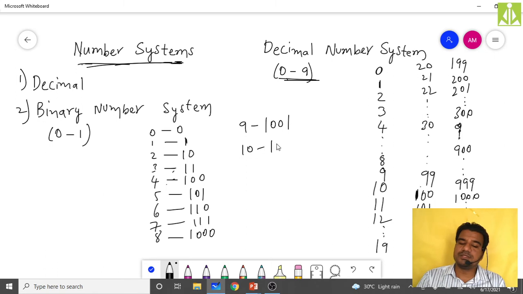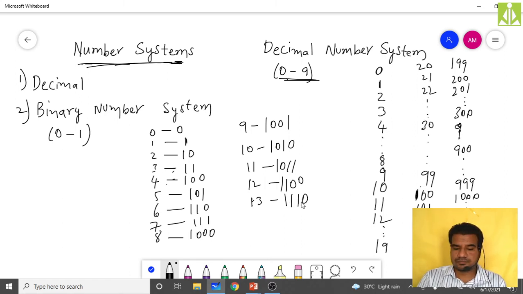10 is 1, 0, 1, 0. 11 is 1, 0, 1, 1. 12 is 1, 1, 0, 0. Just follow me, how I am doing this. 13 is 1, 1, 0, 1. 14 is 1, 1, 1, 0. 15 is 1, 1, 1, 1.